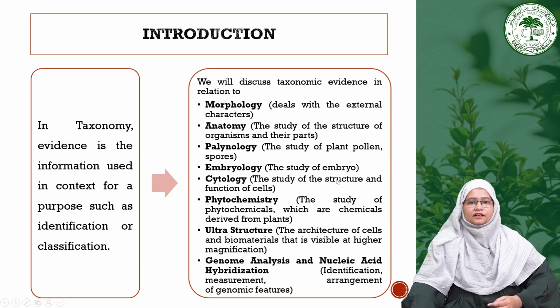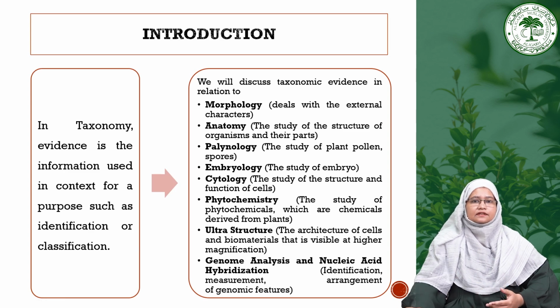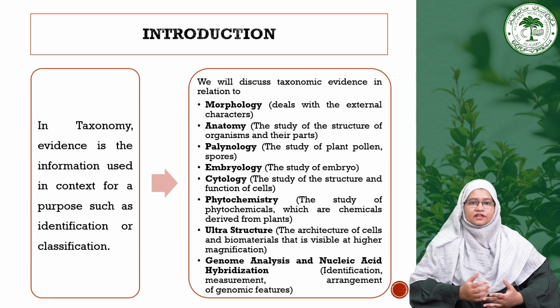So it deals with the external characters that we can see with our naked eyes. Then the next is anatomy, as the name indicates, the study of the structure of an organism and its parts. This also needs section cutting. So it is a further step in the identification and classification of particular plants.